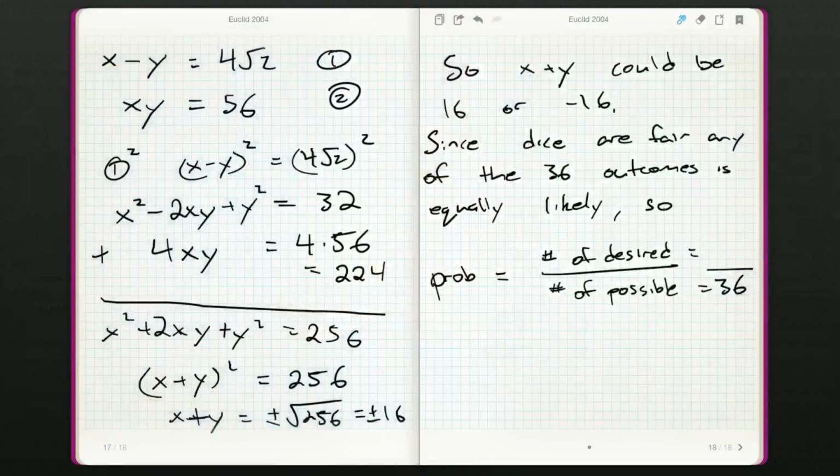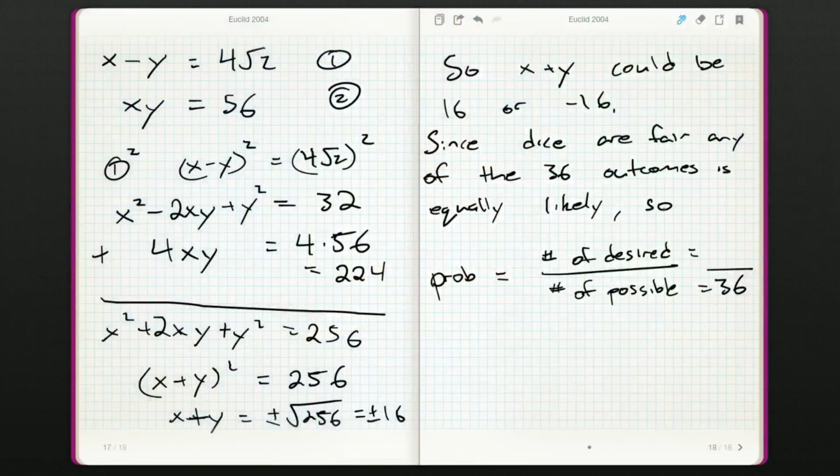I think the 2016 Canadian Senior Contest had a probability question, and a lot of people were doing this, and that was not the case because certain things were more likely to occur than others. I'm not going to get into that question because we're doing another one right now, but that's something just to be aware of. It does work in this case because, as I say, the dice are fair.